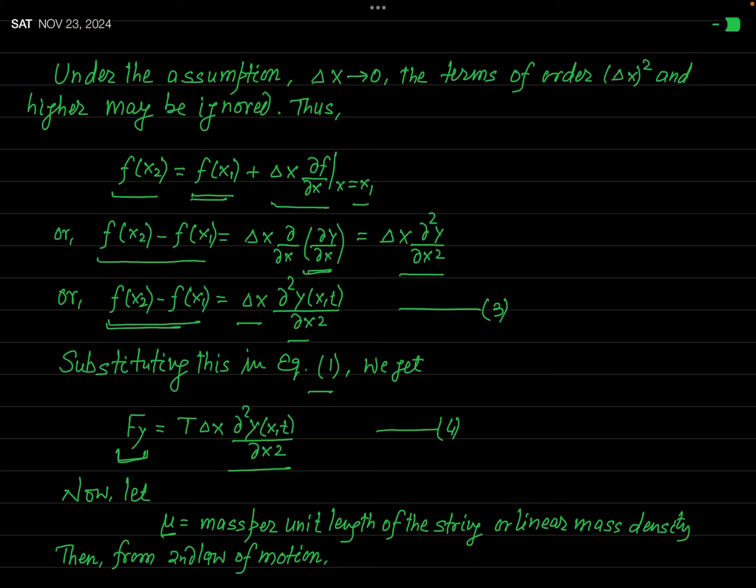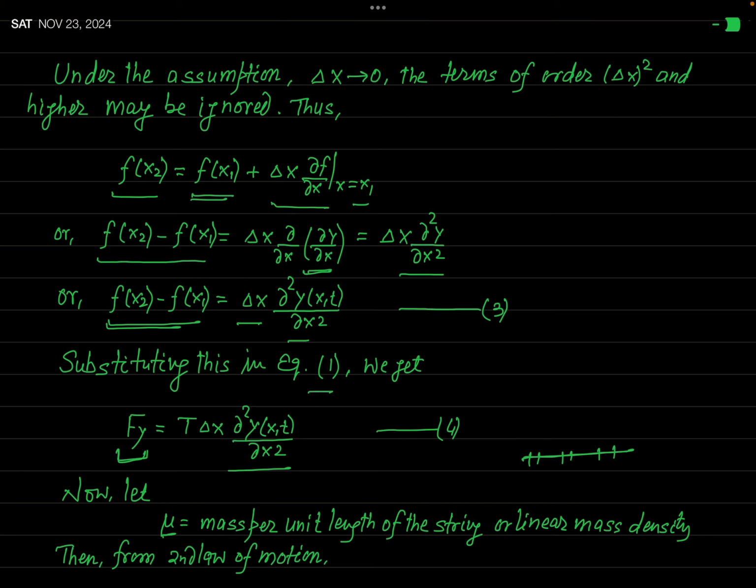As you know, we have assumed earlier that our string is uniform. So mass per unit length everywhere will be the same, so mu will have a constant value. If the string were non-uniform, with its cross section changing from point to point, then mu would not be a constant.